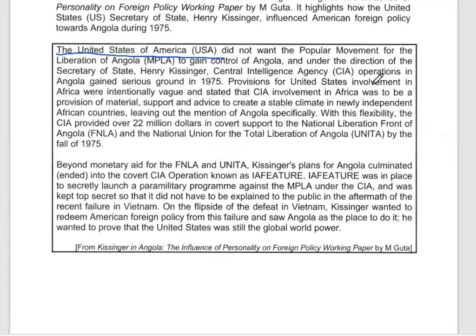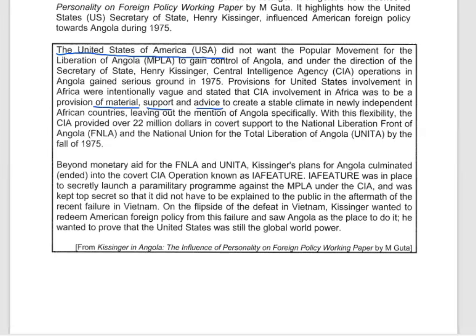Provisions for the U.S. involvement in Africa were intentionally vague and stated that the CIA's involvement in Africa was to be a provision of material, support, and advice to create a stable climate in the new independent African countries. So the three provisions: provision of material, 1, of support, 2, and advice, 3.